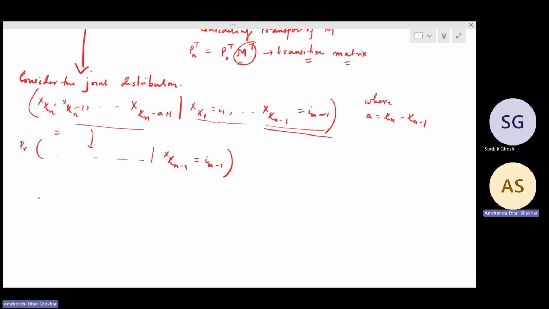Then the probability of x_kn equals in given x_kn minus 1 equals in minus 1 is just a marginalization of this distribution.